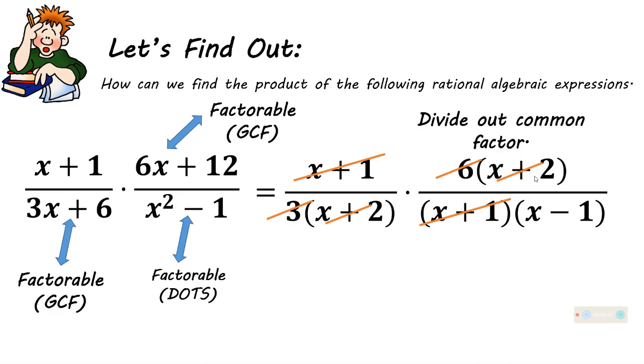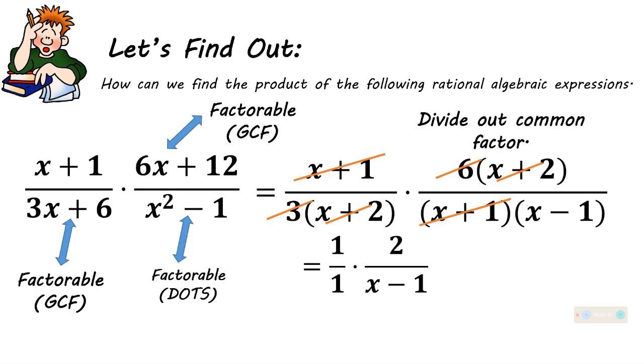But you have to take note that you can only divide out the common factor if one is on the numerator and the other one is on the denominator. If both common factors are on numerators, you cannot cancel them out. So again, make sure that one is on the numerator and the other one is on the denominator.